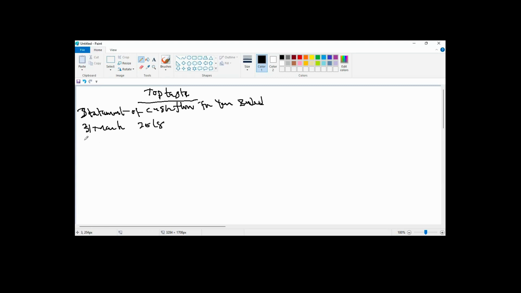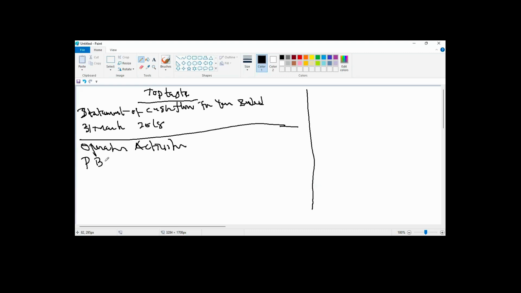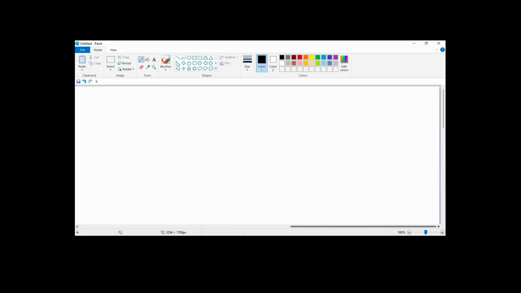I will say operating activities, profit before tax. No, they will not give me profit before tax. I will go to the question: did they give me dividend paid? Yes. They paid dividend of 103. From there, I will go and determine. I will say, okay, this is dividend paid.